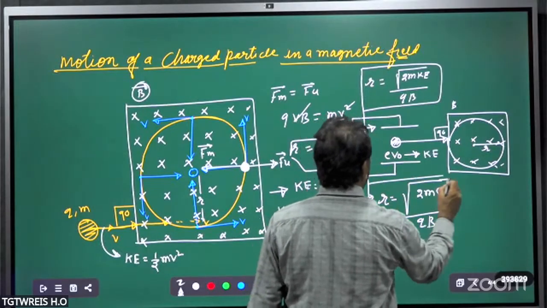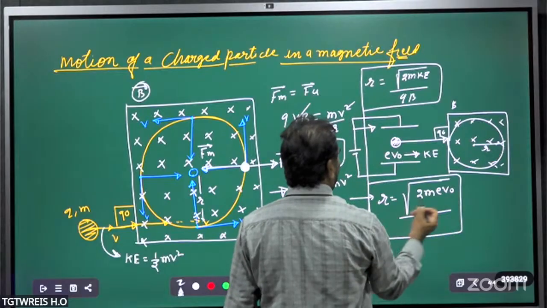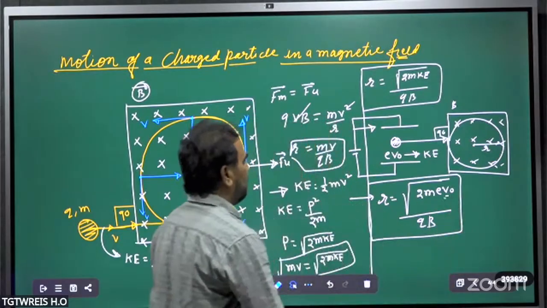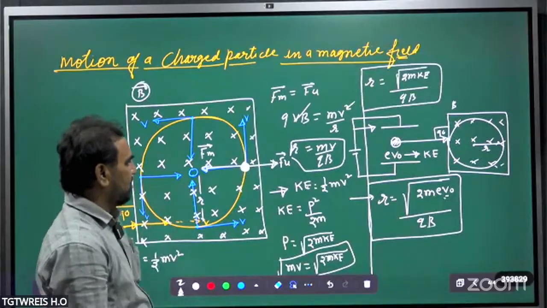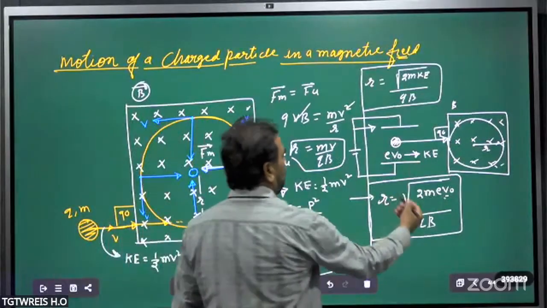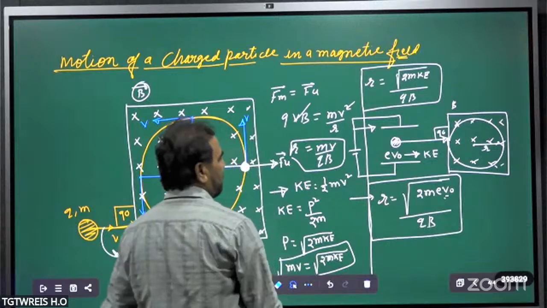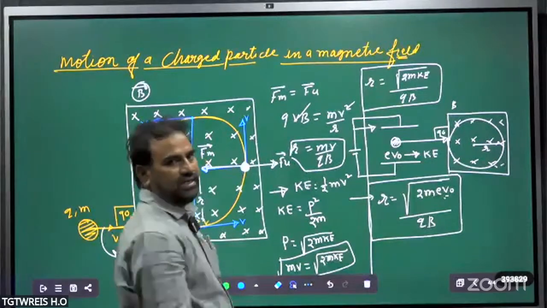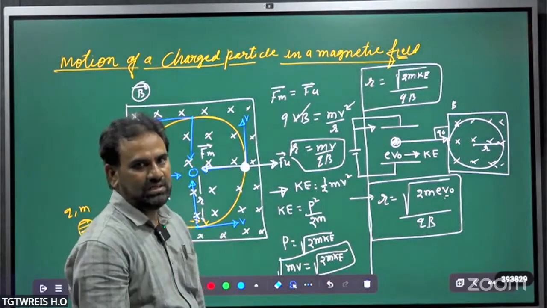This is the radius of the charged particle in the form of potential. In the form of potential, the radius is given by root over 2m into eV naught upon qB. Is it clear? Is it clear or not?